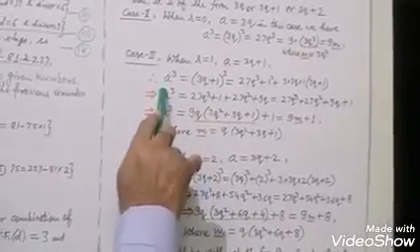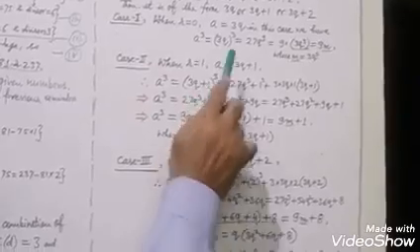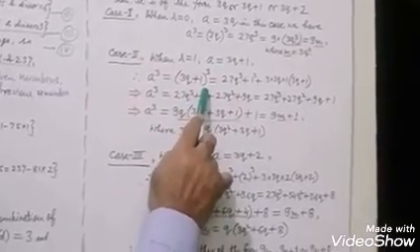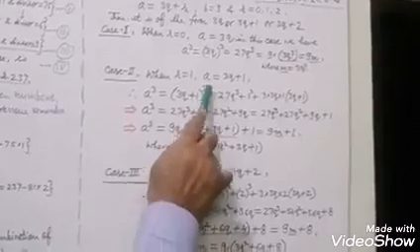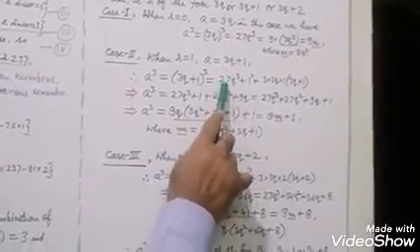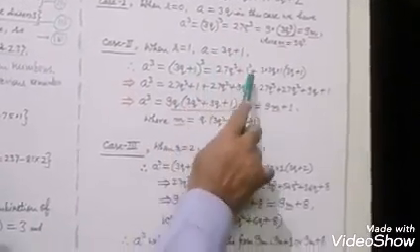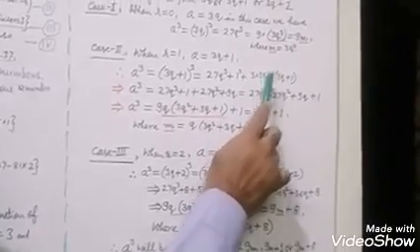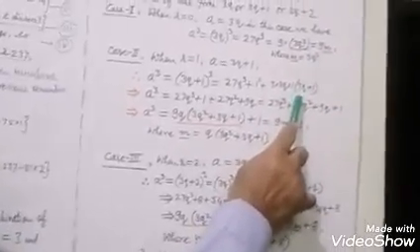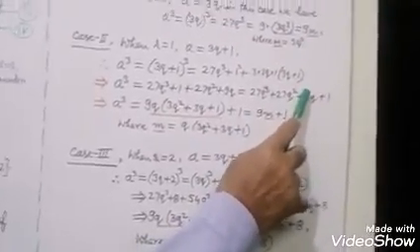Now a cube is equal to the whole cube of 3q plus 1. When we apply the formula of whole cube, then we get 27q cube plus 1 plus 3 times 3q into 1 inside the bracket 3q plus 1.